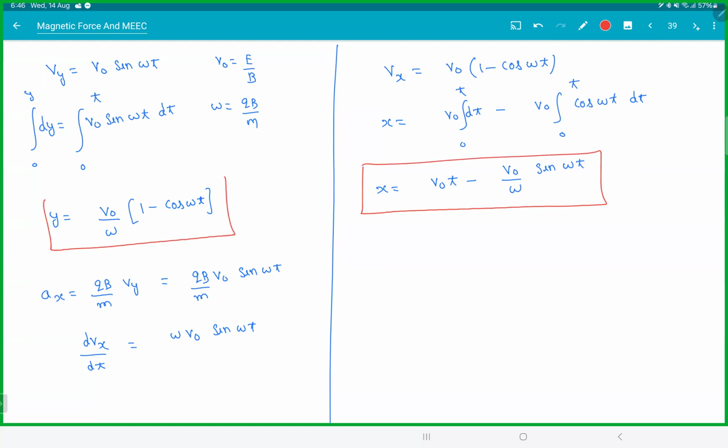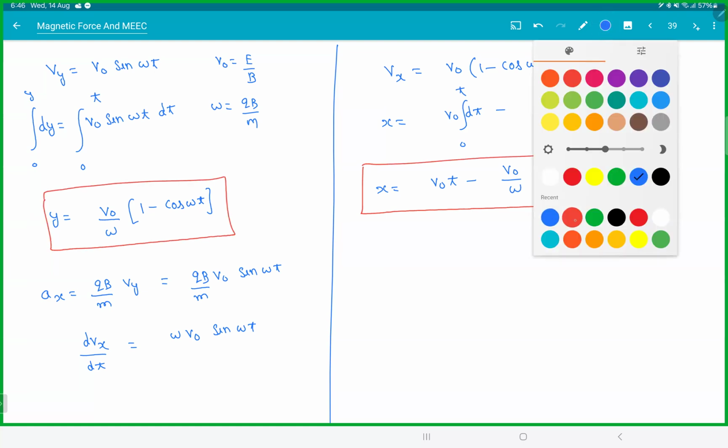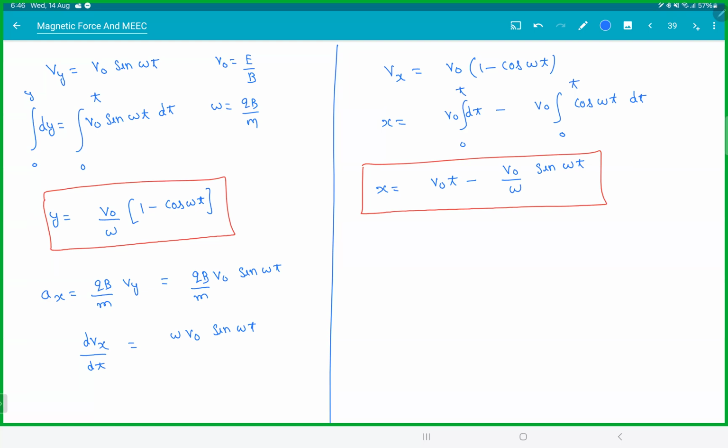Now I'll give you a good way to remember. If you actually see this equation, this is an equation of a cycloid. If you solve this, x minus V0 t whole square plus y minus V0 by omega whole square turns out to be V0 by omega whole square.